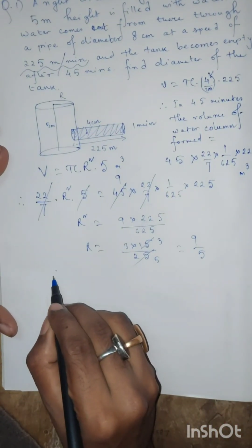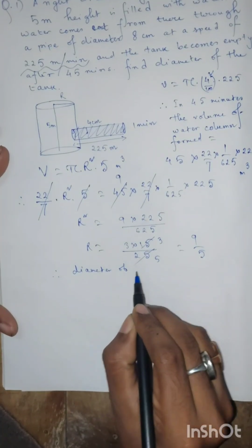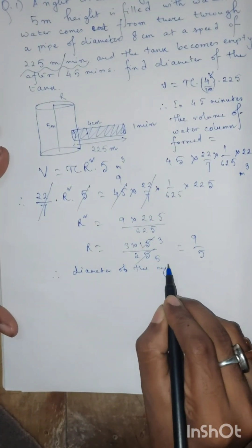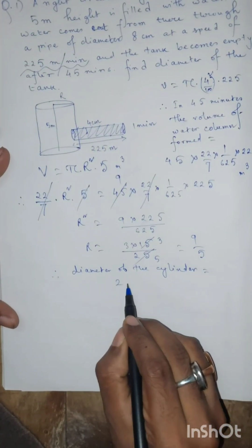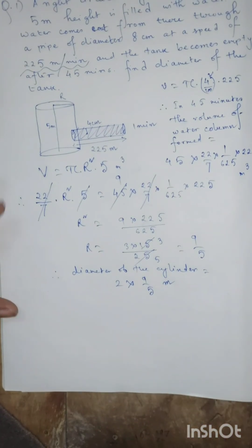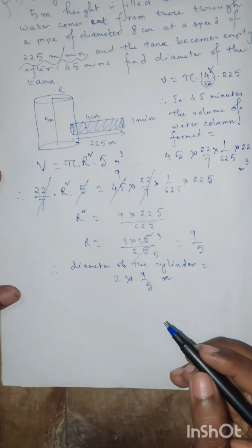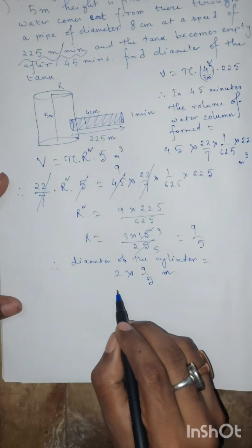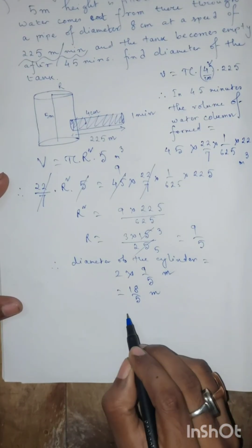Therefore the diameter of the cylinder is equal to 2 into 9 by 5 meter. So we can write it 18 by 5 meter.